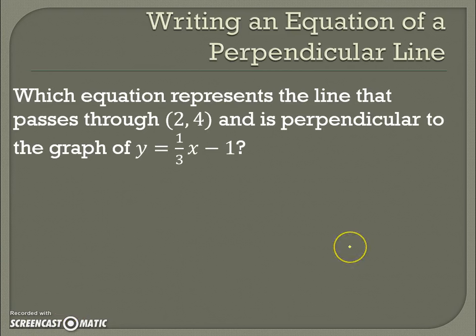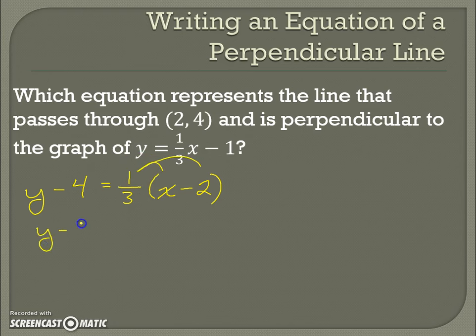All right, so which equation represents the line that passes through (2, 4) and is perpendicular to the graph of y equals 1/3 x minus 1? This is going to be very similar to what we were doing when finding parallel. Use point-slope form. So y minus 4 equals my slope, and then x minus my x value, and then get the y by itself.